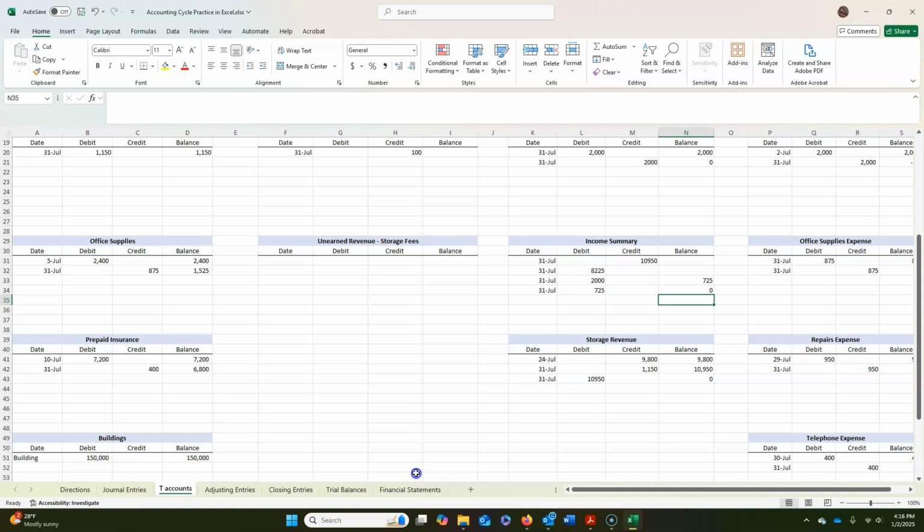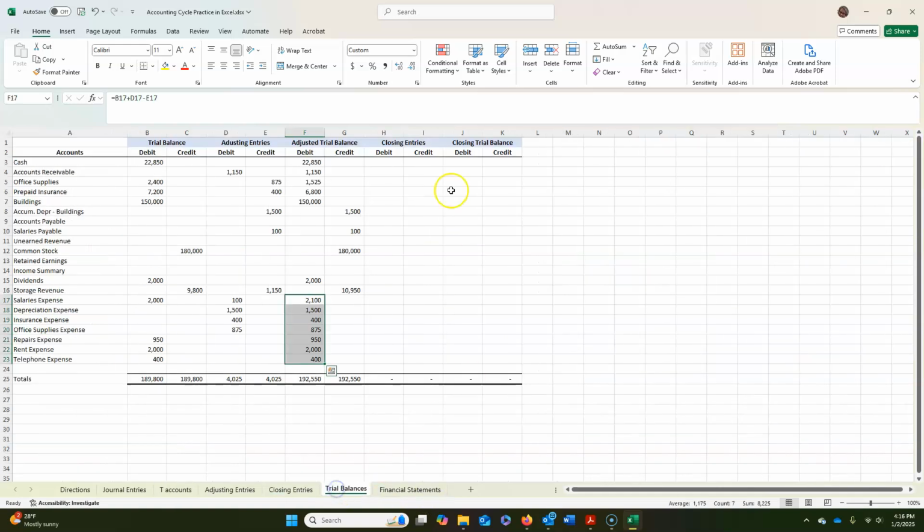We now have a zero balance in income summary. We record our closing. So remember, these are the accounts that we closed. So our closing entries, we posted a debit.